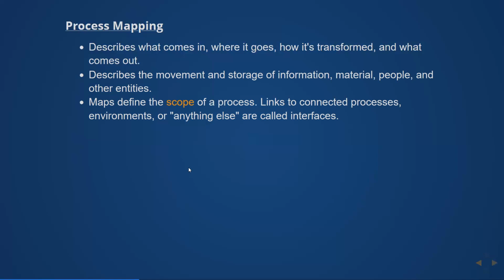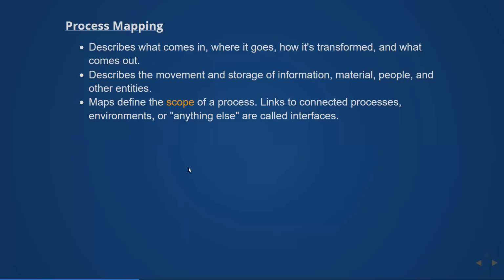Now, whenever you connect any of this stuff to external processes, environments, or anything else, there's going to be an interface of some kind across which things are going to be exchanged.